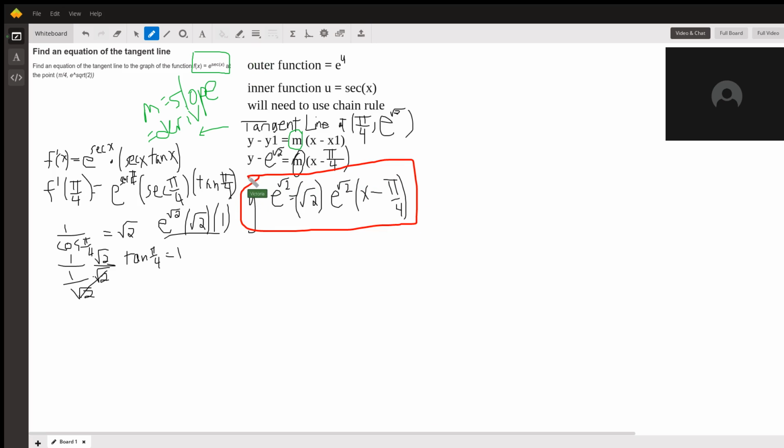If you need it in slope-intercept form, if you need it in y equals mx plus b, we have a little bit more work to go.